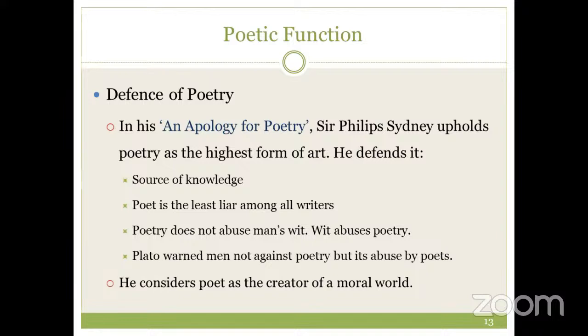The last point is, he considers the poet as the creator of a moral world. When the purpose of teaching morality is the function of literature, then the poet, as a person creating literature, is actually helping create a moral world order. So that is a very high goal or purpose of a poet, of a writer.